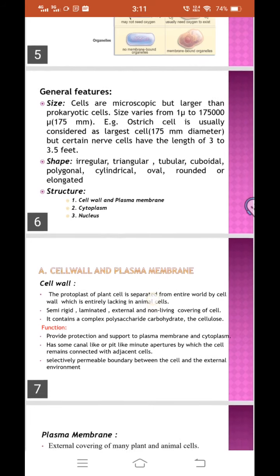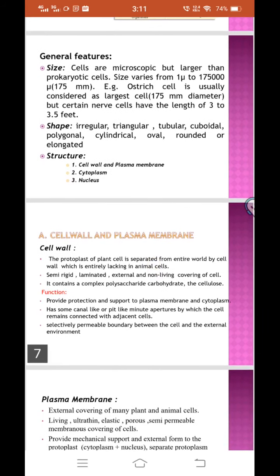Okay, so in the general features, the size of the eukaryotic cell varies from 1 micron to 175,000 microns, that is near about 175 mm. This is the size of the eukaryotic cell. For example, the ostrich cell is usually considered the largest cell, having a diameter of 175 mm.